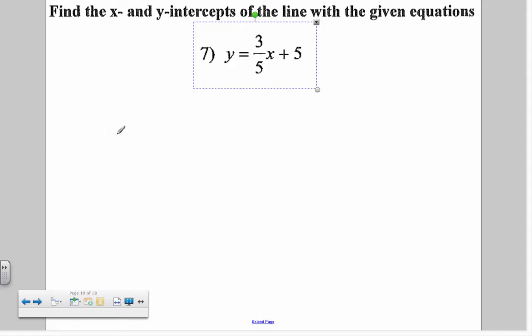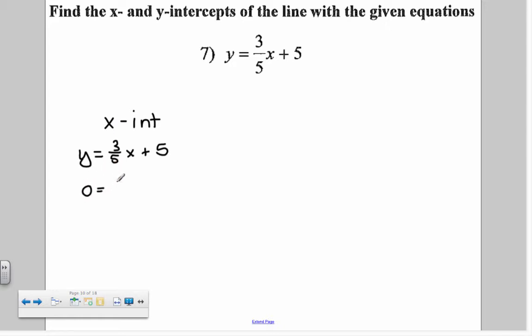So for example, let's start by finding the x-intercept. If I want to find the x-intercept, I have to plug in 0 for y. So I'm going to rewrite my equation first: y equals 3/5 x plus 5. And then I'm going to solve for the x-intercept by putting in 0 for y. 0 equals 3/5 x plus 5. And I'm going to solve for x.